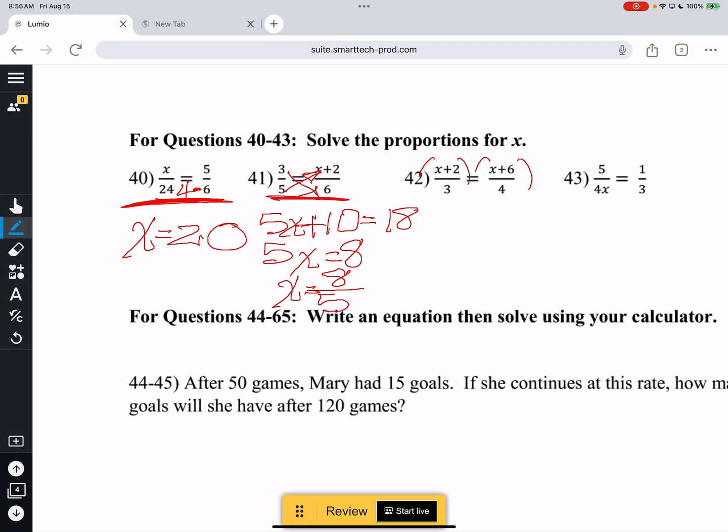I'm sorry, my key is different. I've rearranged stuff. 43. I've moved some stuff around for this one. Not a hard one to work. So what did you get for x?